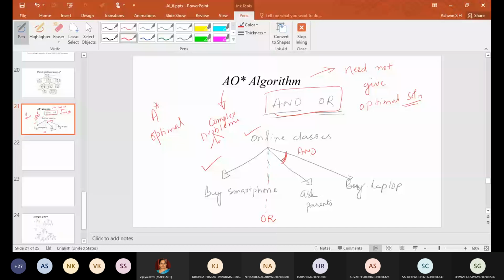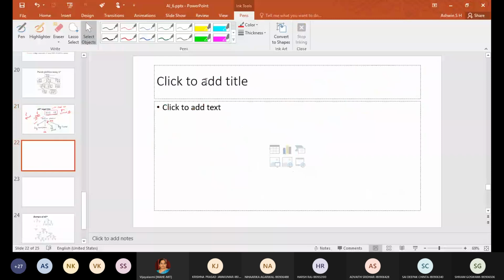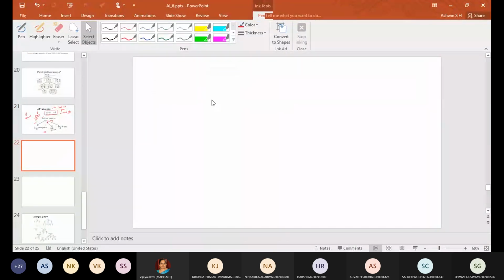This is what we do normally in the AO star algorithm. I'll take one simple example and explain. I want to do 2 to 3 problems, and today I will discuss one problem. Let us see whether you can understand it or not.